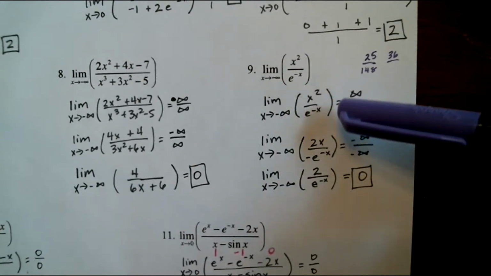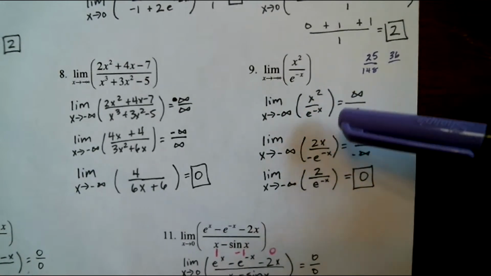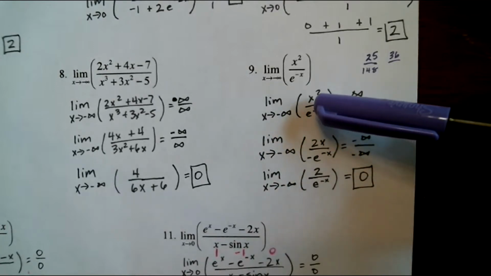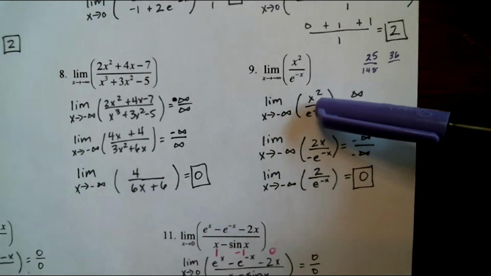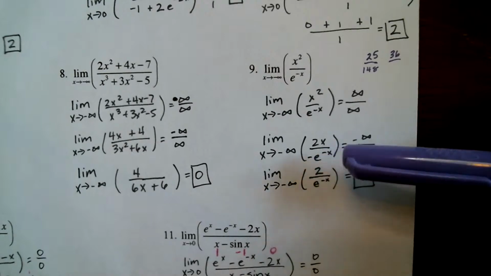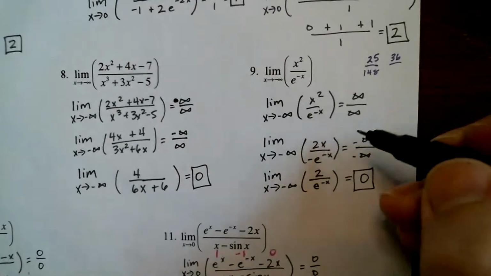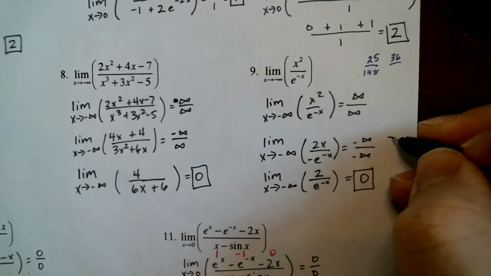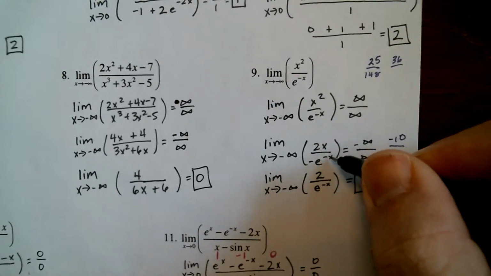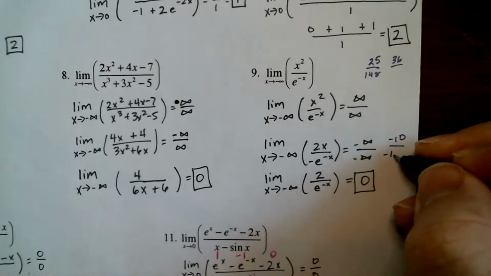Since that's infinity over infinity, we take the derivative. The derivative of x squared is 2x. The derivative of e to the negative x is negative e to the negative x, since you multiply by the derivative of the exponent, which is negative 1. Again, using negative 5, I get negative 10 on top and negative 148 on the bottom.